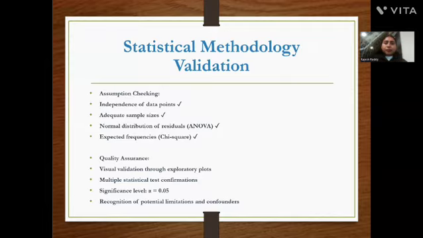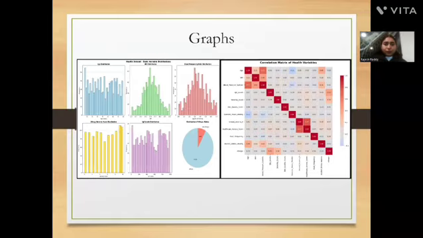In the statistical methodology validation, there is assumption checking: independence of data points, adequate sample size, and normal distribution of residuals, that is in the ANOVA test, and then expected frequencies, that is in the chi-square test. After that, we make graphs.